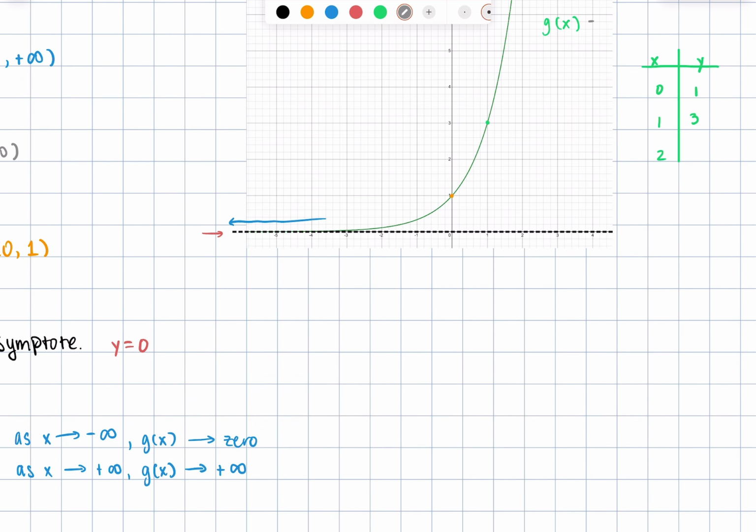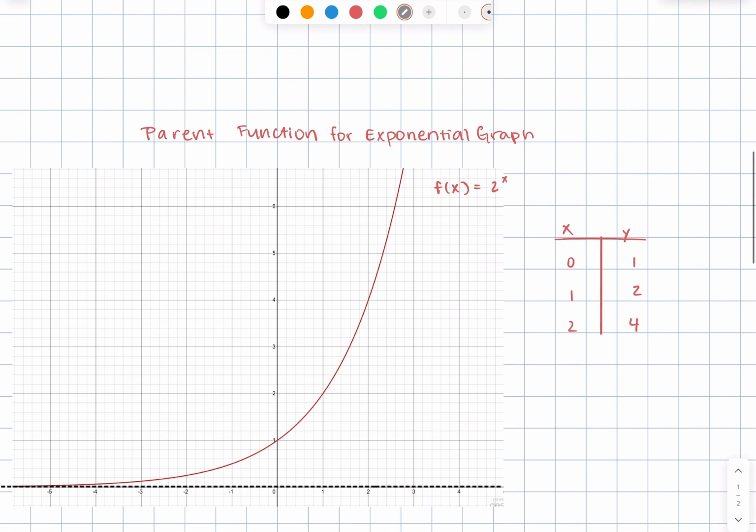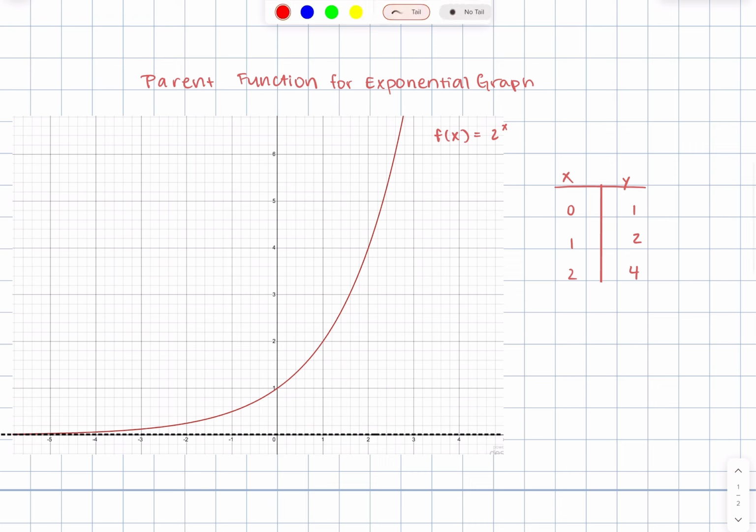We have some number raised to x. And to figure out what number that is, that's pretty easy. So all we're going to do is look at where the y is when x is 1. So here, when x is 1, it's 2. And that's why we have a 2 here.